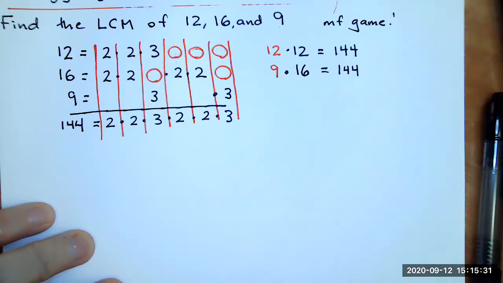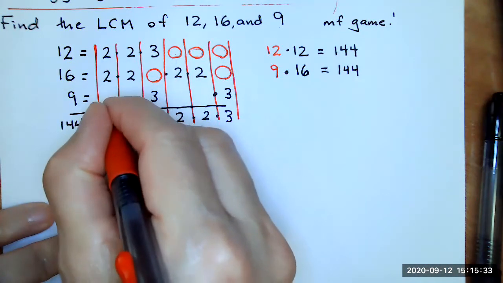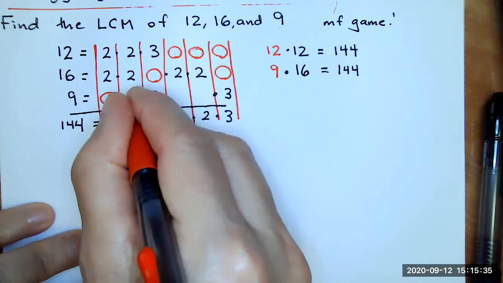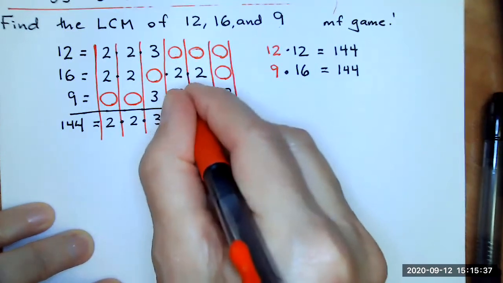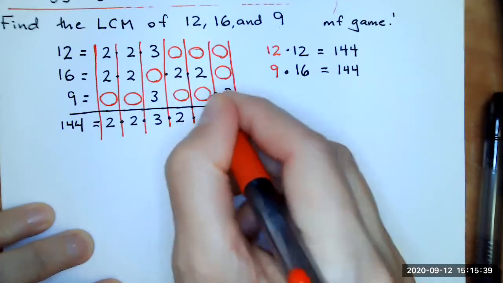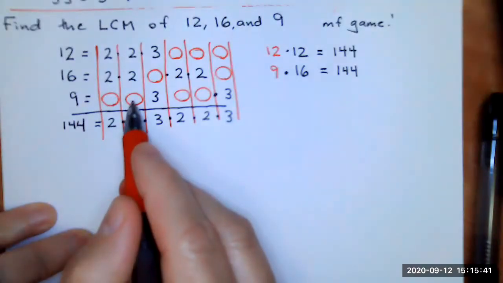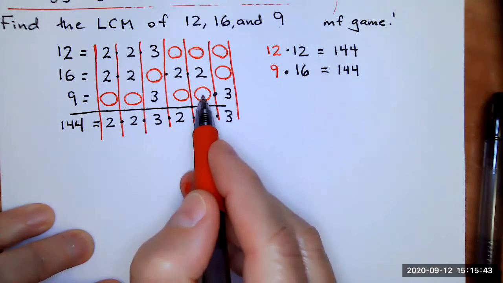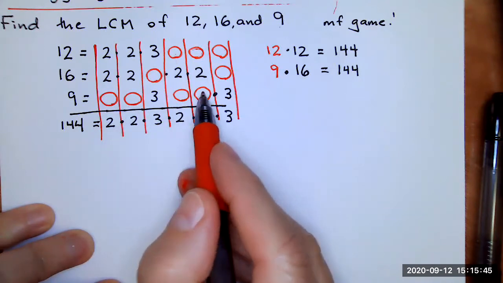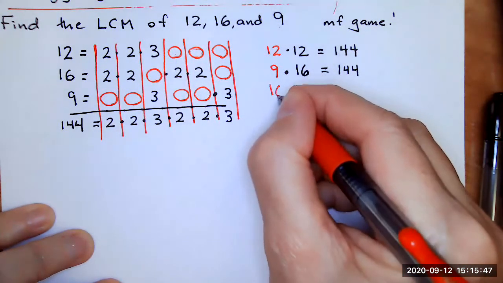What's 9 missing? It's missing a factor in these 4 columns. So it's missing 2 times 2 times 2 times 2, which is 16.